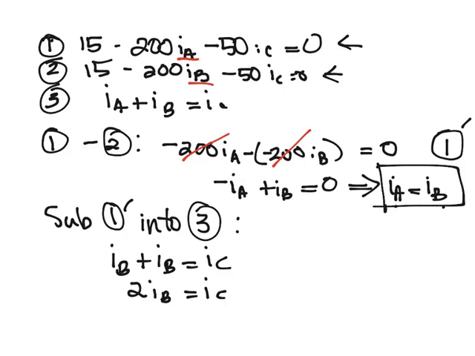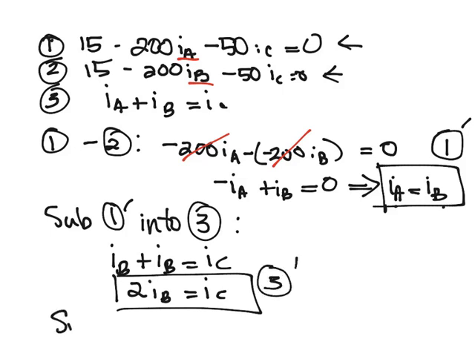And now I can go ahead and put that back into equation 2. So I'm going to call this 3 prime, and I'm going to substitute 3 prime into equation 2.